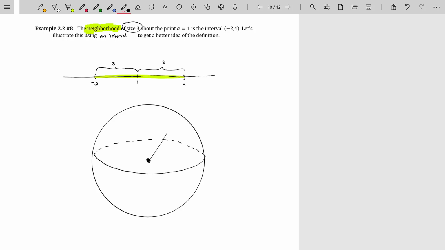And like I said, it's of radius 2. Now, because it is a neighborhood, technically, I shouldn't have all the edges of that ball be solid. I would have them dashed or something like that all the way around. And then you would get this beautiful neighborhood of size 2 about that point in space.